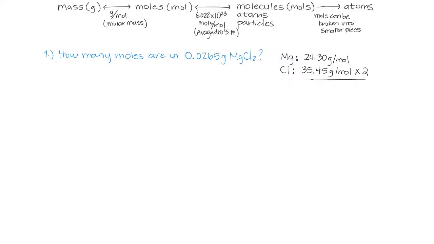So adding up the mass of each element in magnesium chloride will give us 95.20 grams per mole for magnesium chloride. So converting, we have 0.0265 grams times, we want grams on the bottom and moles on the top.